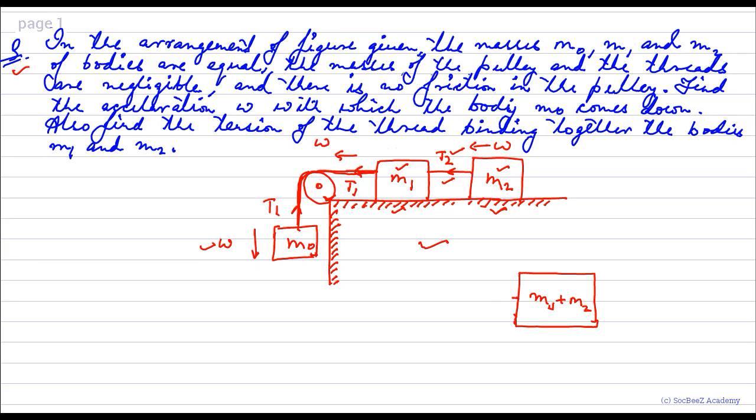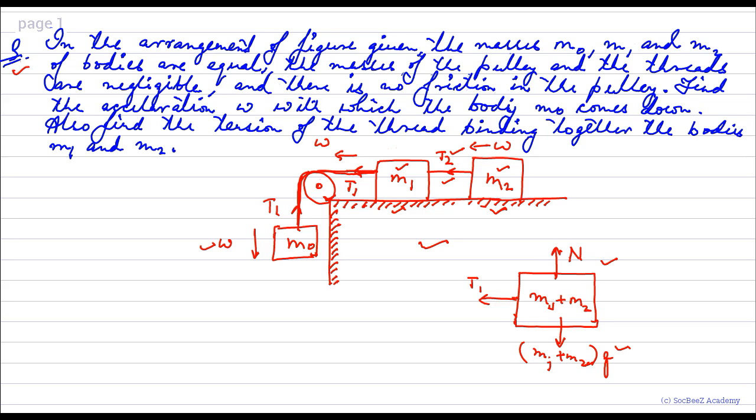If I combine the two bodies, the only external force acting on the combined mass m1 and m2 is T1 in the leftward direction. Of course there is a weight acting downwards, that is (m1 plus m2) into g, which is balanced by the normal reaction provided by the floor. Along the y direction the forces are balanced, so I am not much concerned about that direction.